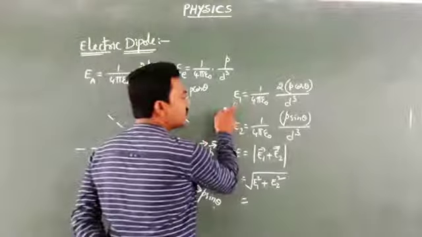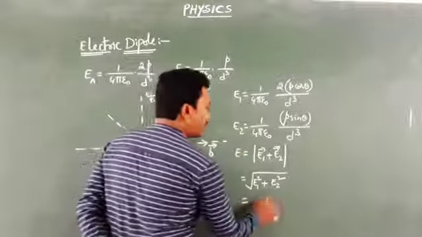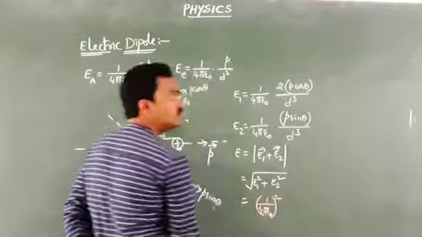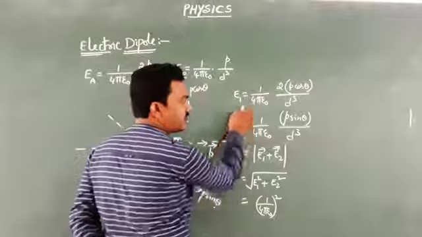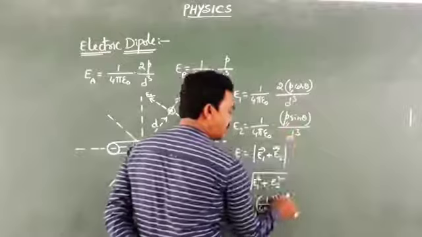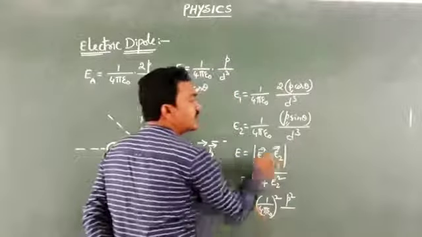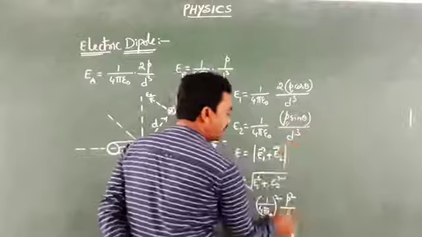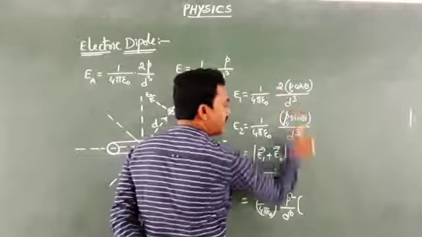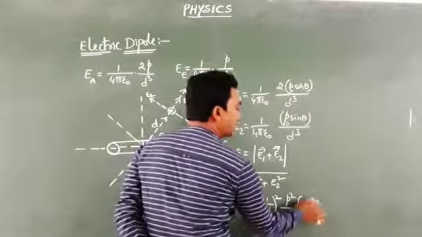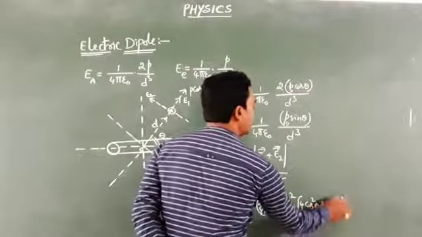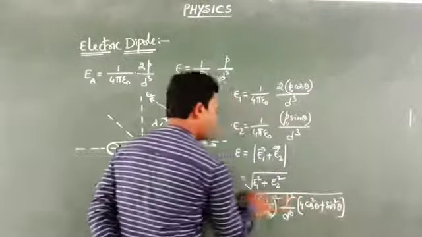While doing E1 square plus E2 square, I can take 1 by 4 pi epsilon naught whole square as a common term in these two. Apart from that, p square I can take common, and d cube whole square means d power 6 I can take common. Apart from that, here 2 cos theta whole square means 4 cos square theta plus sin square theta over square root.